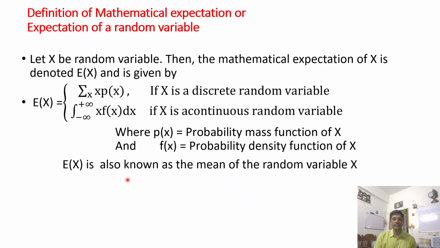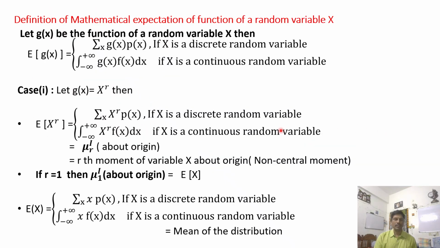This E of x is also known as the mean of the random variable. Expectation and mean are both the same. So if a problem asks to find the expectation or the mean, we need to use this formula only. Right, now we go to the next one.